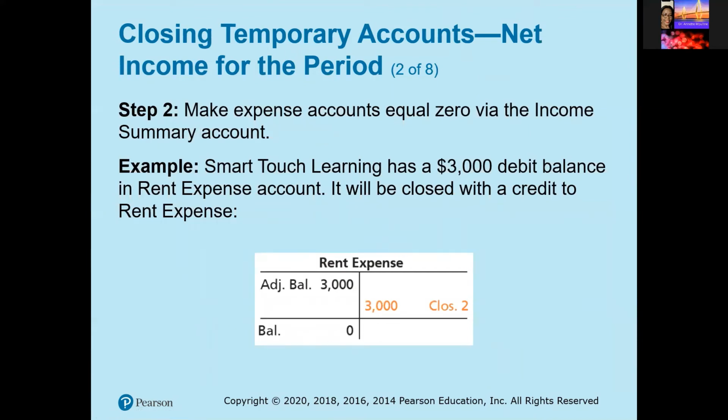Step 2 involves making expense accounts equal zero via the income summary. An example here: Smart Touch Learning has a $3,000 debit balance in rent expense. So in order to close this account, a credit has to be made to rent expense.